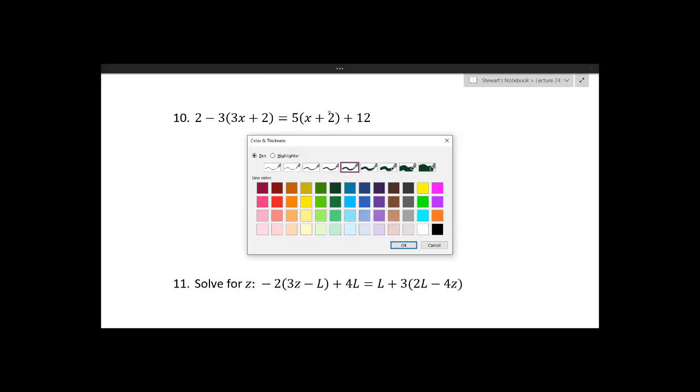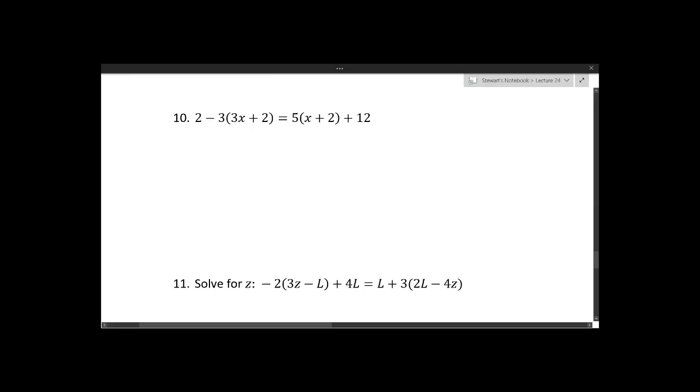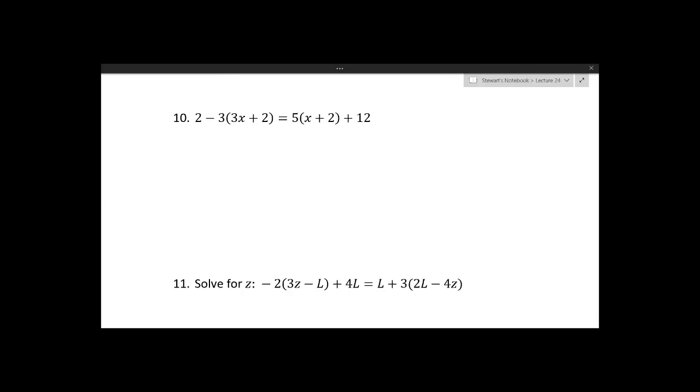So we want to get rid of them, and we can't really divide those quantities in parentheses by each other. So we want to just distribute and combine like terms.